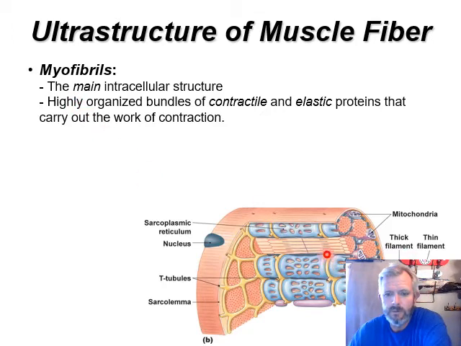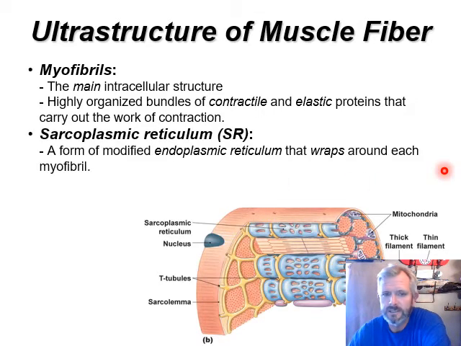Also surrounding these myofibrils is this blue structure, kind of a sheathing around it. That is the sarcoplasmic reticulum, that modified endoplasmic reticulum, that's going to house our calcium. Okay, as we said, the calcium is a very important component to induce our muscle contraction.